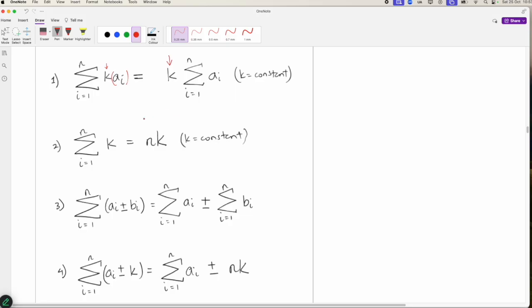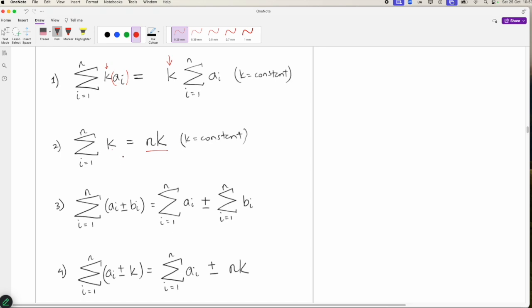Second rule, if I have the summation of a constant alone, so i to n, but I have no n, it's just literally the summation of the number 2 from i to n or whatever, it is literally n multiplied by k.